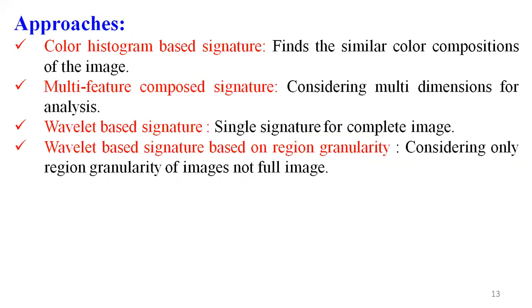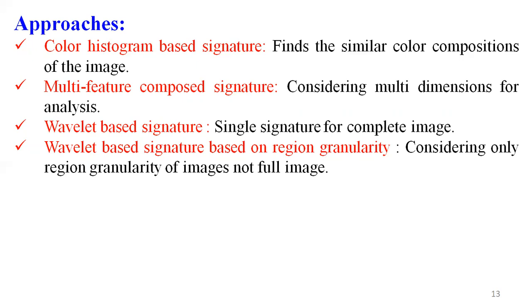Here you are using different approaches. Color histogram based signature: what is it? It finds the similarity of color composition of the image, that means the similarity between different images. Then multi-feature composite signature, considering multiple dimensions for the analysis.